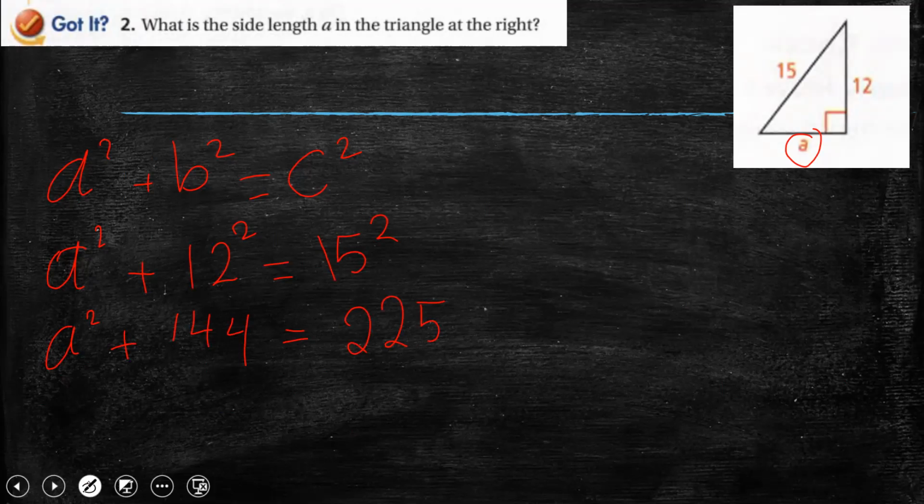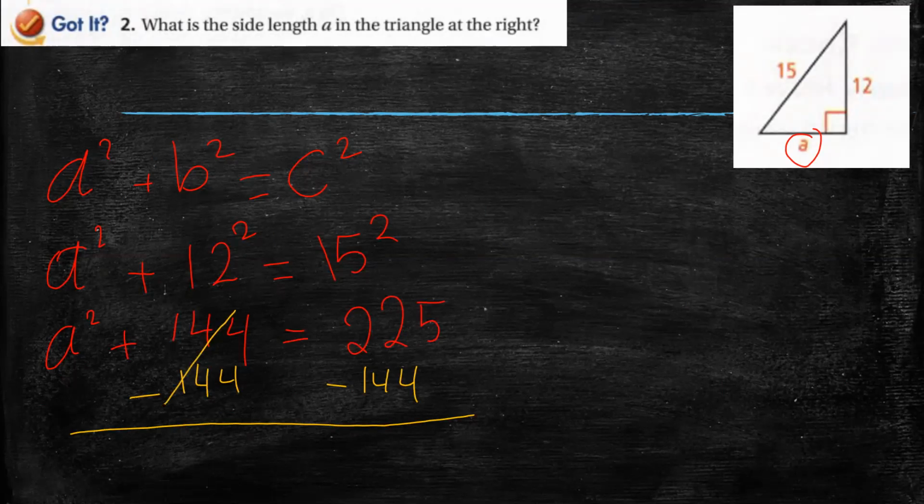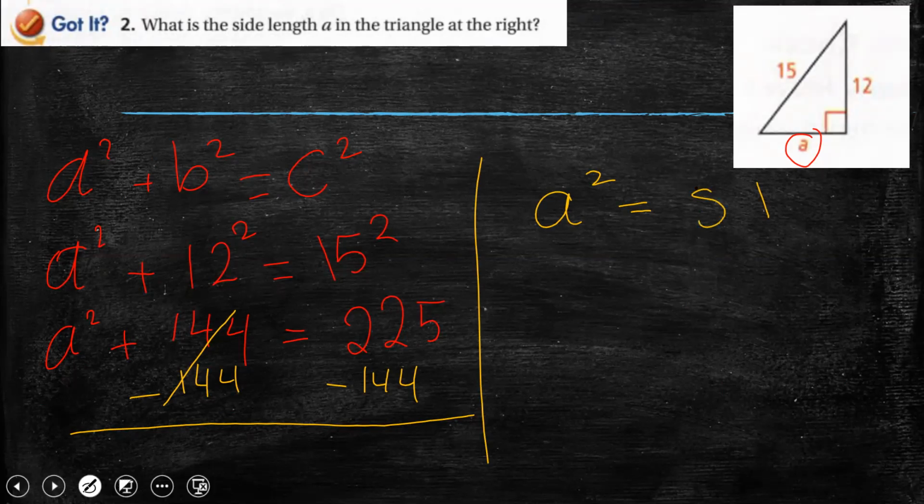What do we have to do then? Subtract 144 from each side. Exactly. So, A squared will be 225 minus 144, which is 81.